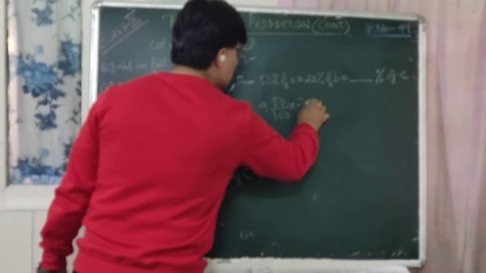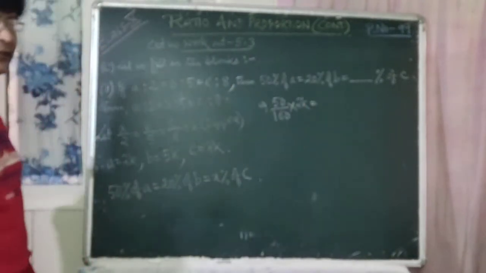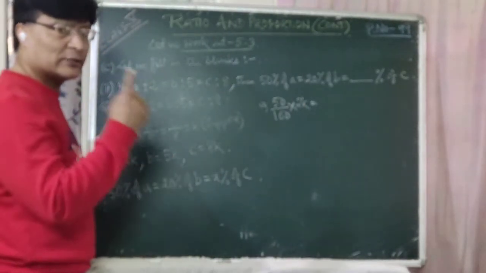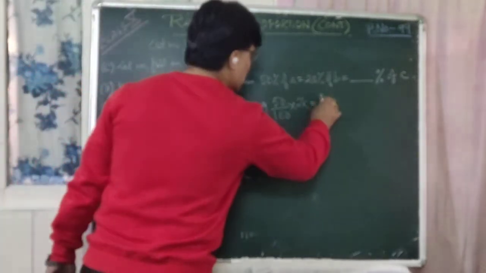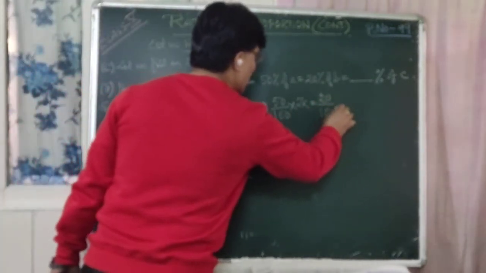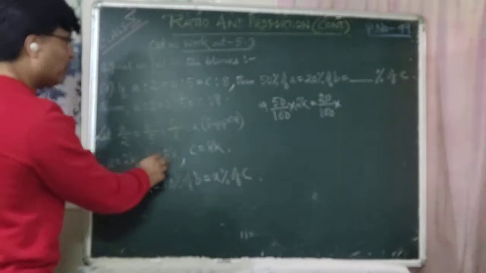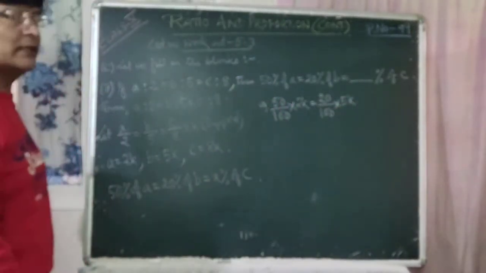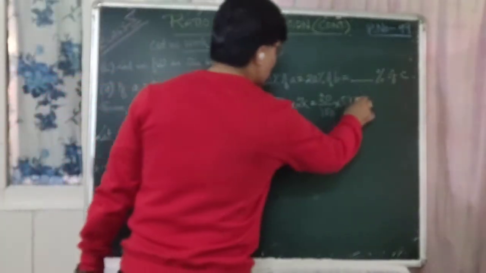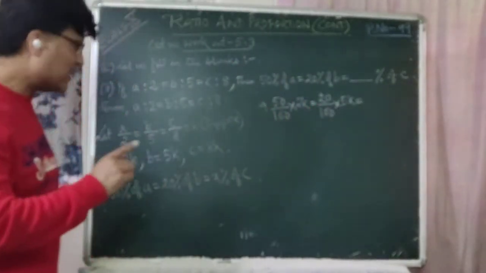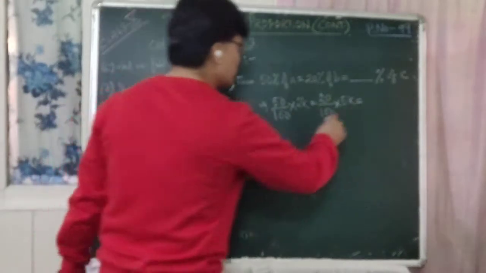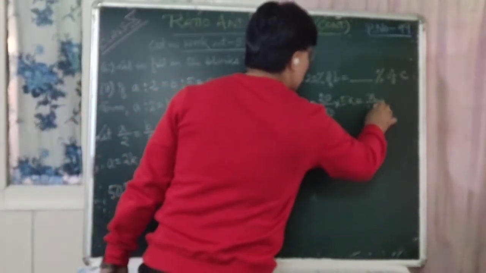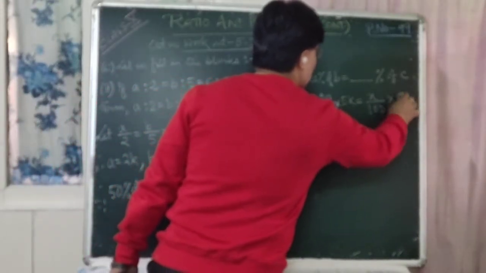You can write here 2K is equal to, next, what is 20%? 20 divided by 100, of means into, what is B? 5K. So this is your 5K. So is equal to what? X percent of C. That is X percent means X upon 100 into C.